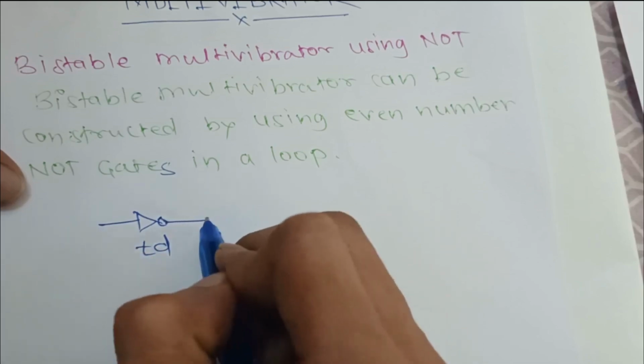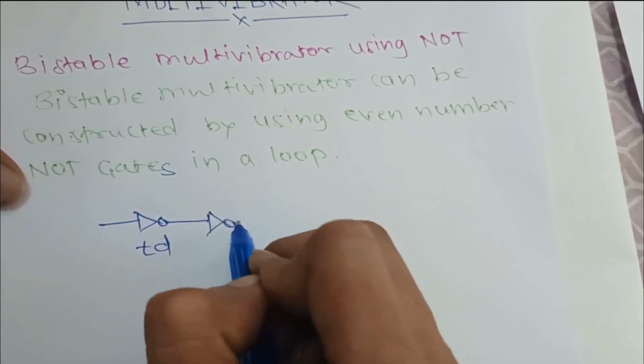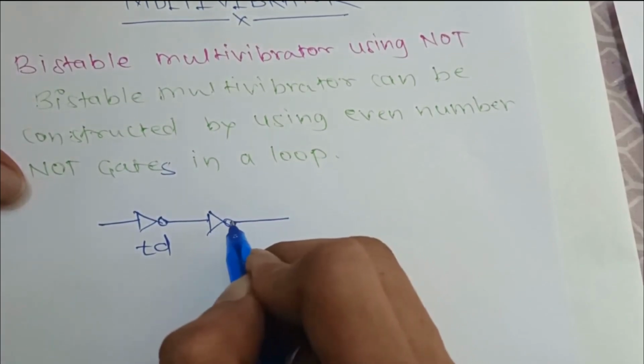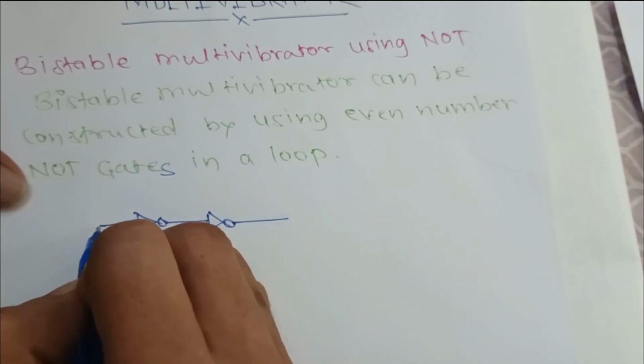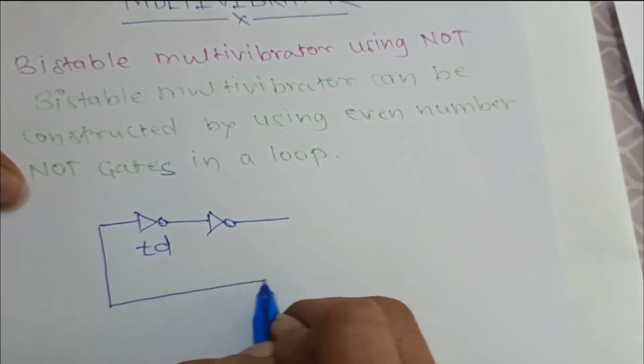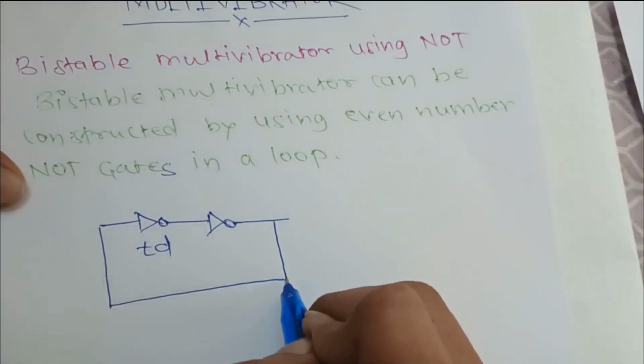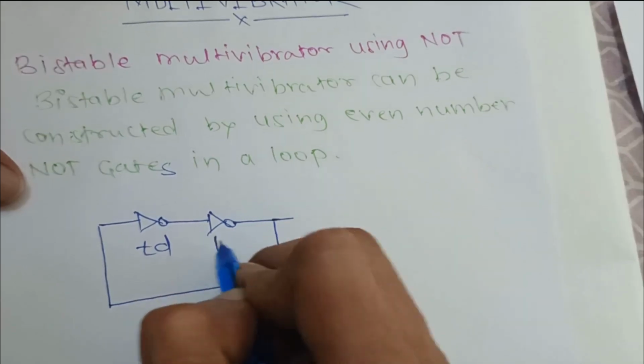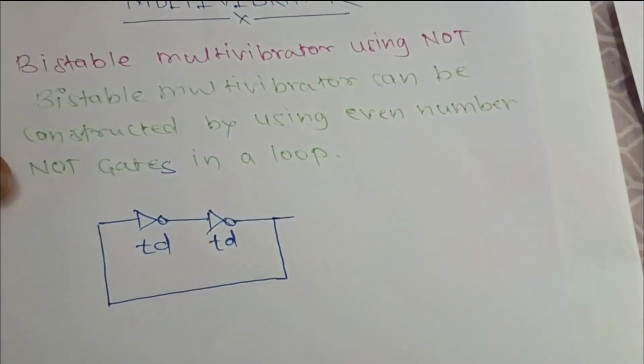Suppose 2 NOT gates are used in a loop, and whatever the output of our second NOT gate should be given as input to the first NOT gate. Okay. So this is a bistable multivibrator, and this is also having a TD as a time delay.